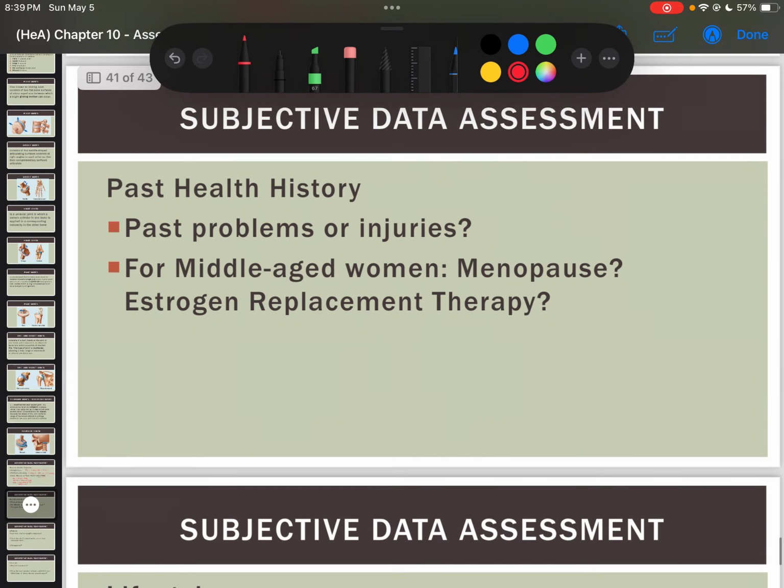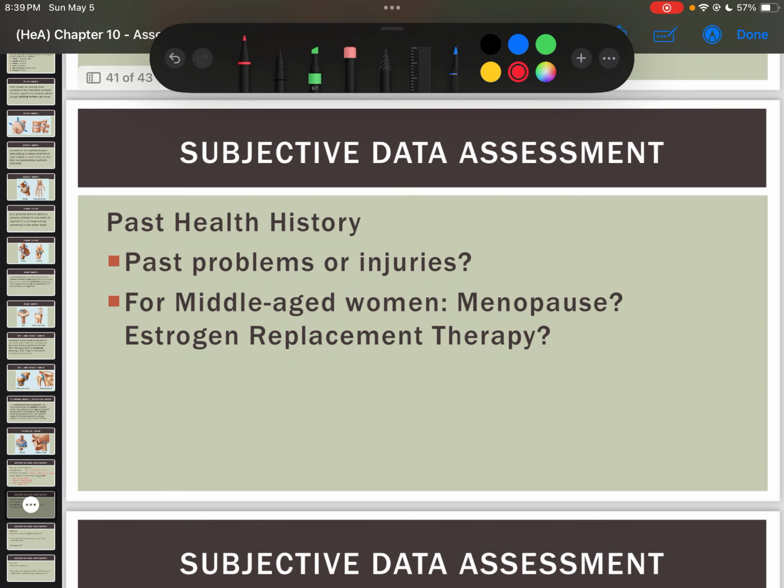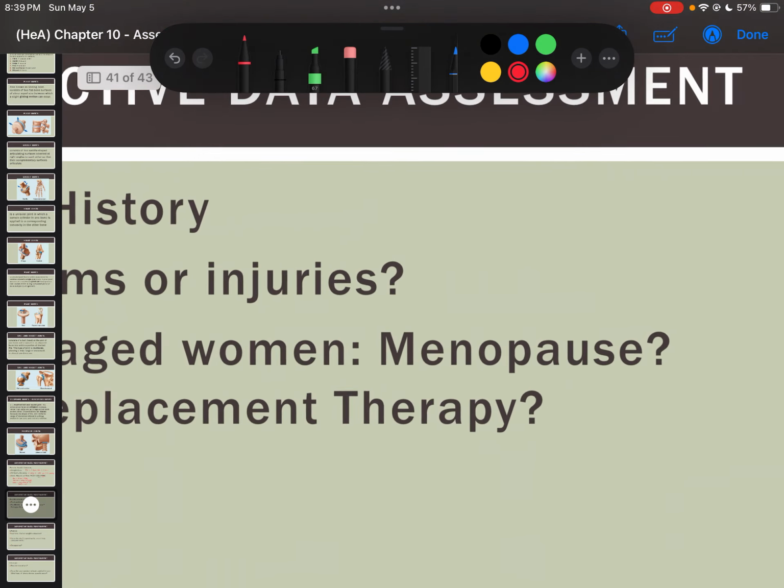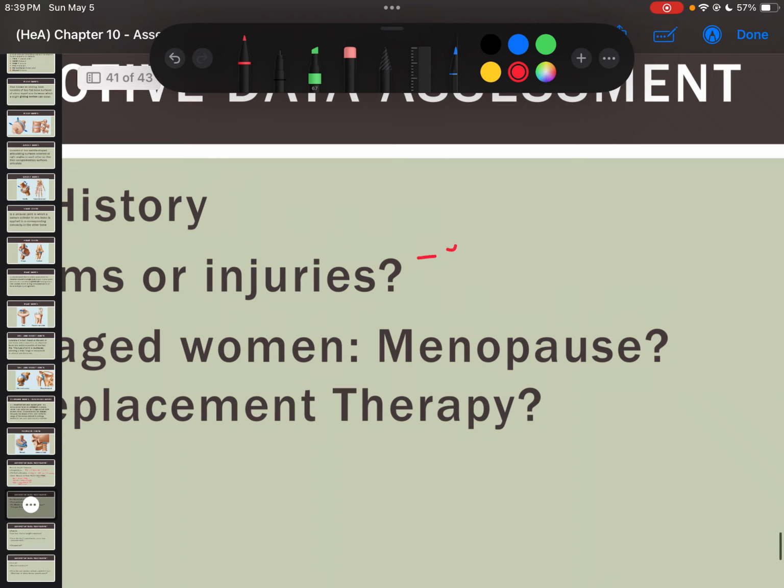Okay. Next is our past health concern. We have to ask the patient about past problems or injury. This is to establish, as always, baseline data. Included in this baseline data is our current range of motion: which limbs, muscles, or joints can we move.